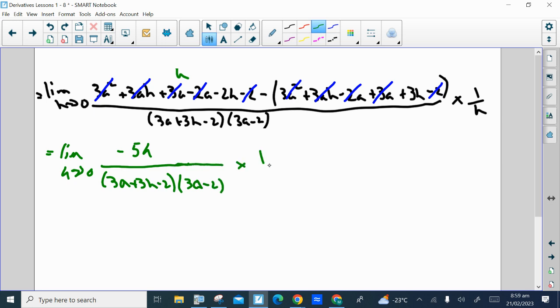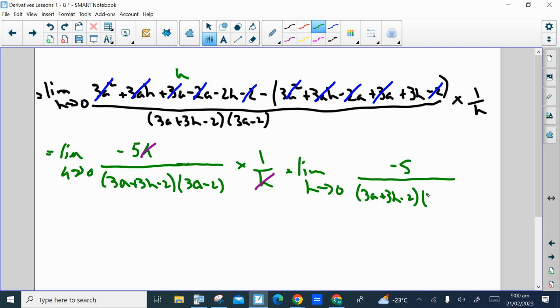Don't forget this is all multiplied by 1 over h. And that h on the bottom will cancel with the h after the negative 5. So we are left with the limit as h approaches 0 of just negative 5 over 3a plus 3h minus 2, bracket, 3a minus 2.